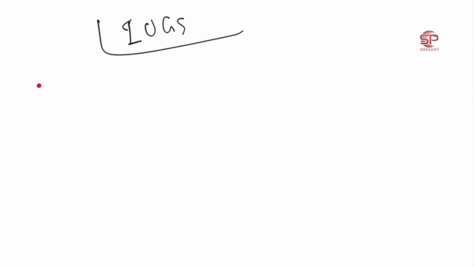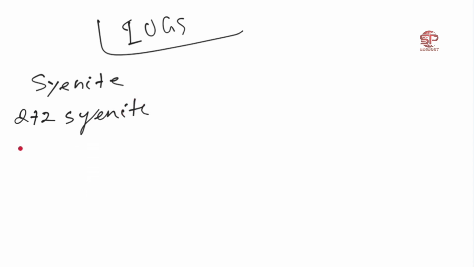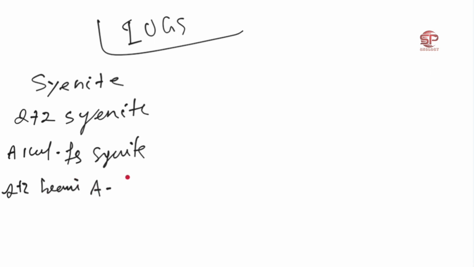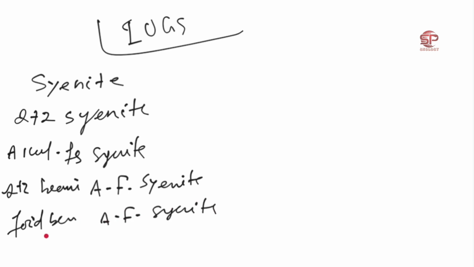From IUGS, what we are getting: syenite, then quartz syenite, then quartz bearing alkali feldspar syenite, alkali feldspar syenite, then foid bearing alkali feldspar syenite, then foid syenite.